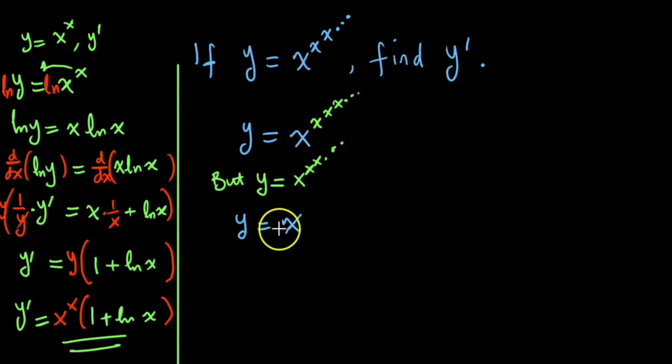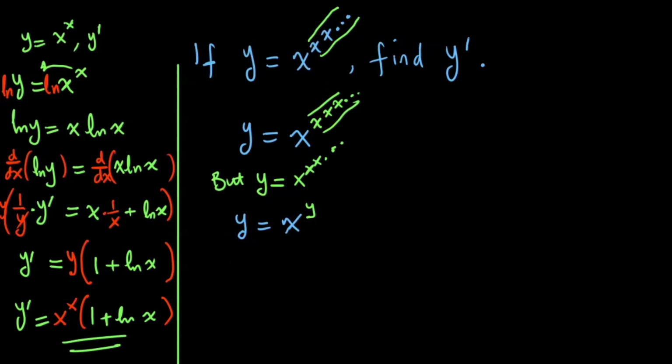So that means that this right here is going to be y. So what do you see? Well, we can rewrite this as y equals x raised to the power of y, because from here is y again. Good. That's what I spelled out here by changing the color, and that is the y. So we just bring that substitution. So this right here is the same thing as that. So differentiating this would mean we differentiate that.